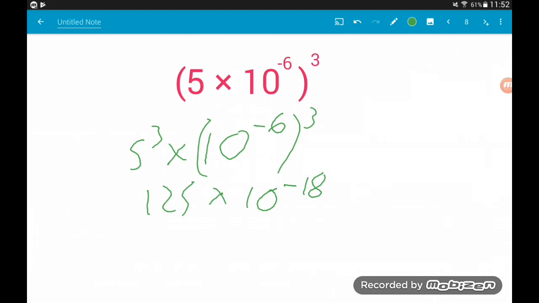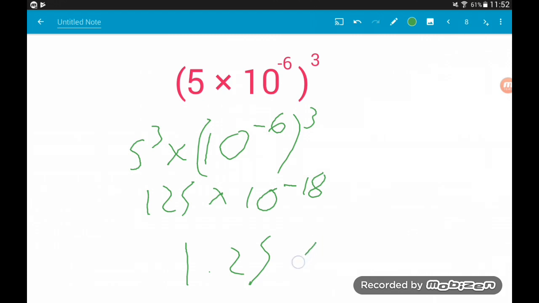Now then, is that the final answer? No. Our number is not written in standard form. So again, remember, we have to have a single digit before a decimal point. Then it can have as many digits as it likes after the decimal. So our problem here is that we've got 125. So that needs to become 1.25 for this number to be written in standard form.